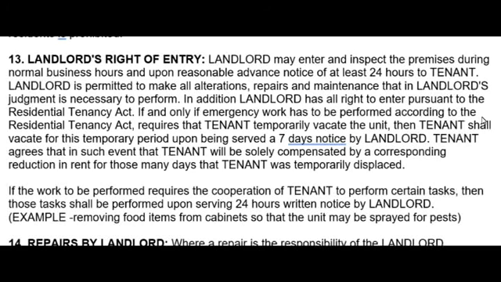according to the Residential Tenancy Act, requires that tenant temporarily vacate the unit, then tenant shall vacate for this temporary period upon being served a 7 days notice by landlord. Tenant agrees that in such event, the tenant will be solely compensated by a corresponding reduction in rent for those many days that tenant was temporarily displaced.